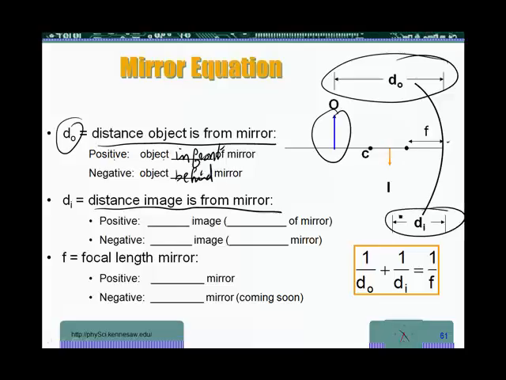Now it's going to be positive whenever the image is inverted and in front of the mirror. And it's going to be negative whenever the image is upright and behind the mirror.